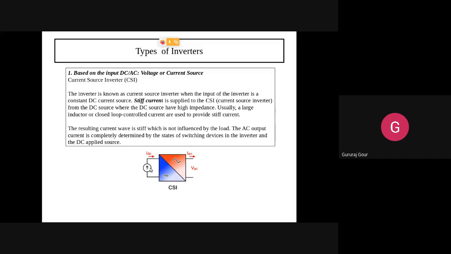So this one thing you should be careful about. Most of you are even making mistakes in writing the proper symbols for diodes, transistors, thyristors, SCRs.